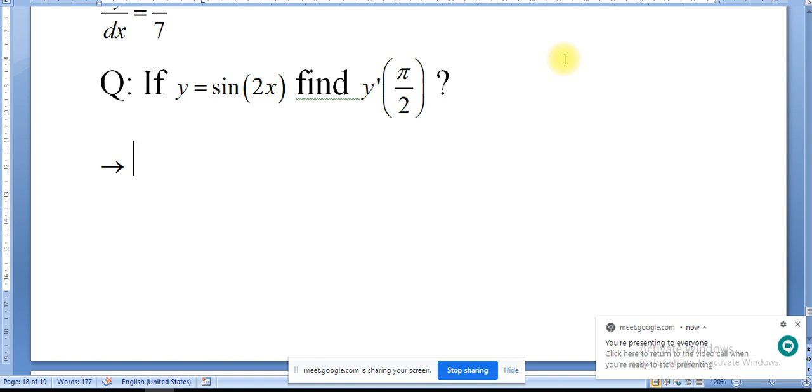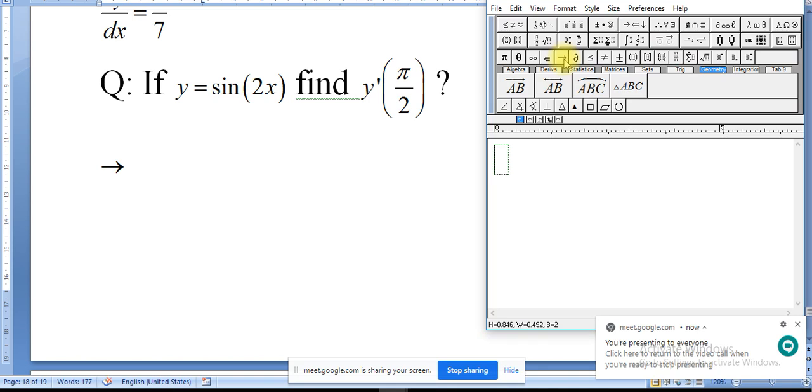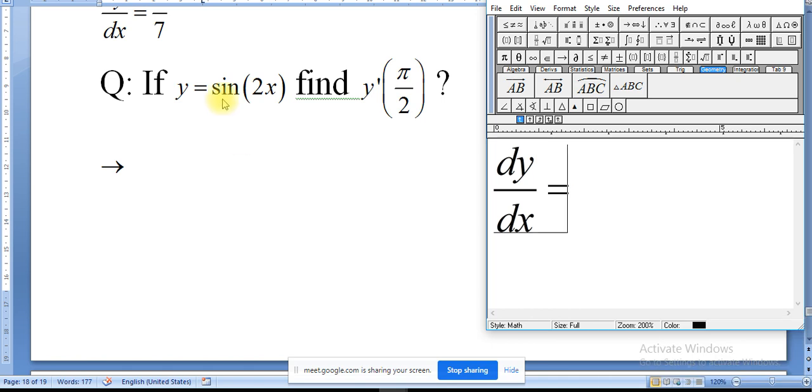So dy by dx is equal to, now remember sine is the outer function, so let's find the derivative of outer function first. It is cos of 2x.